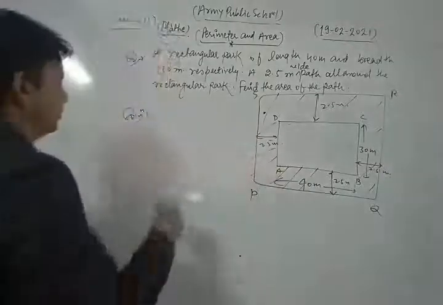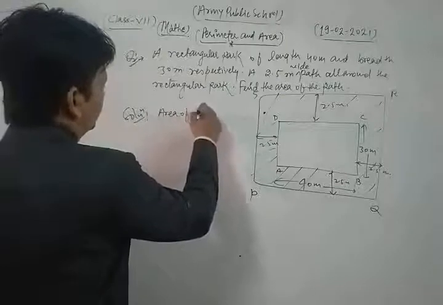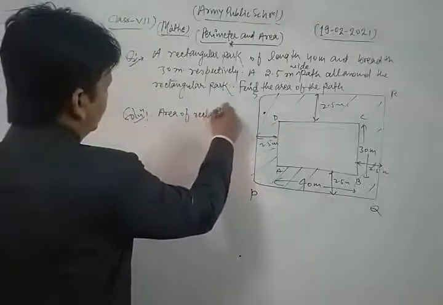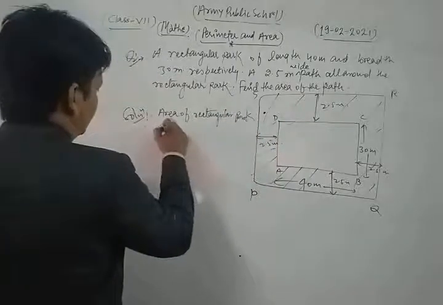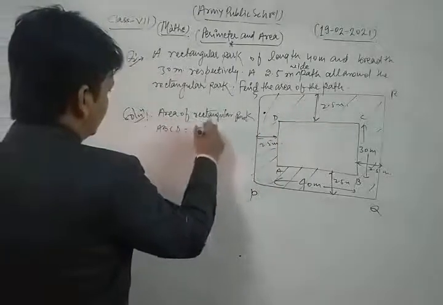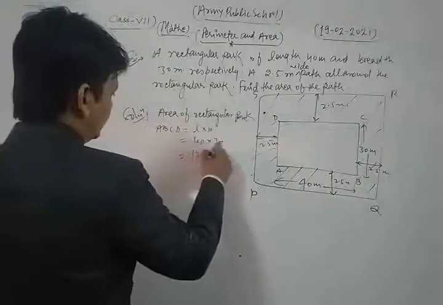Now first of all we find the area of rectangle ABCD, which is length into breadth, which is 40 into 30. This is 1200 meter square.